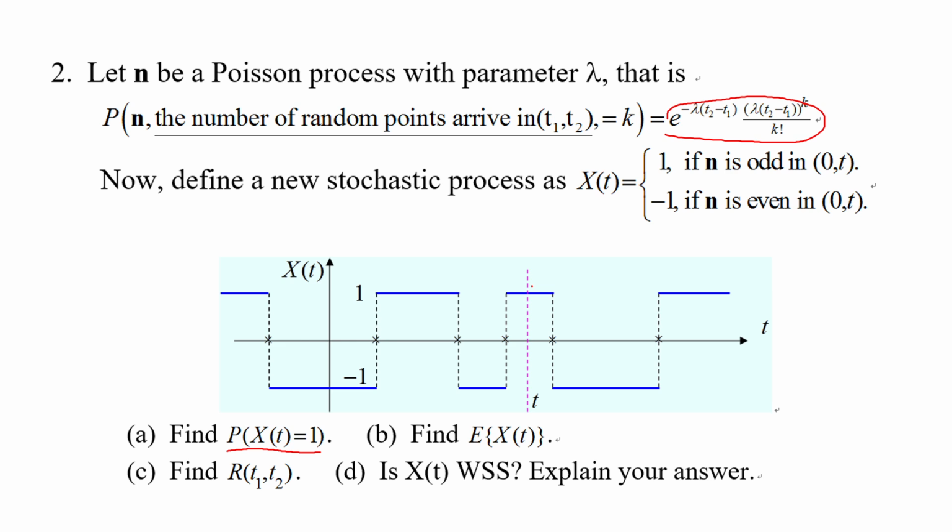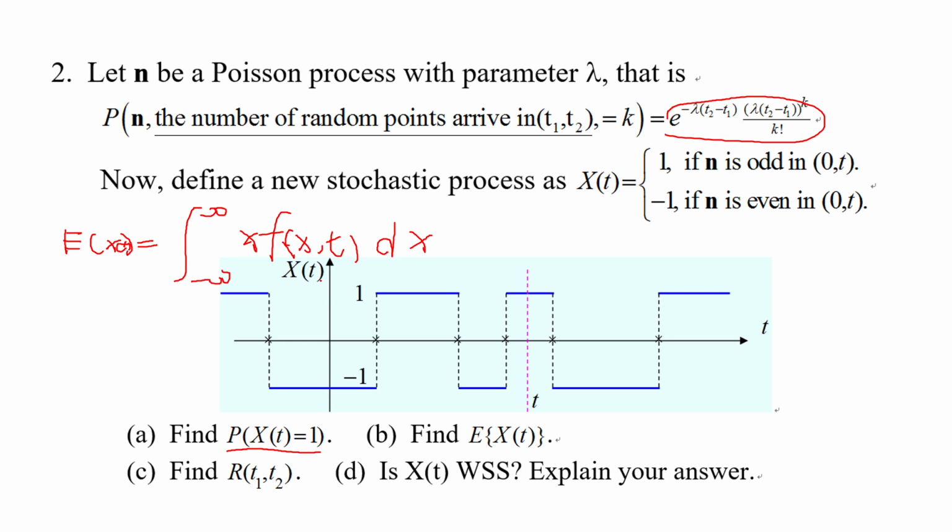And for the second question, we need to find the E[X(t)]. And we know that for a continuous random variable, the expectation should be like this, where f_X(t) is the probability density function.